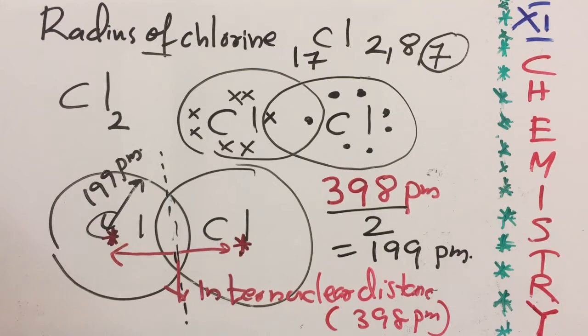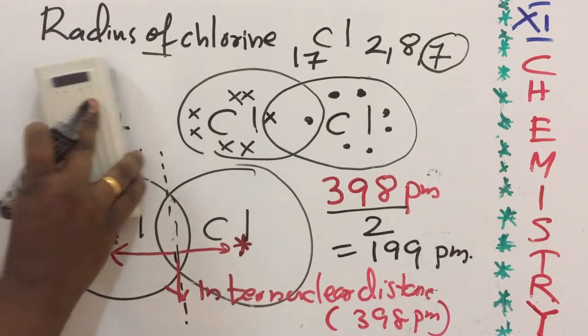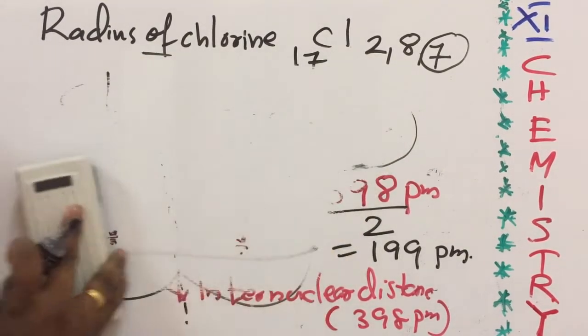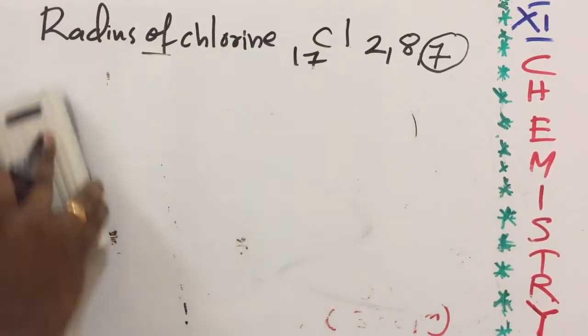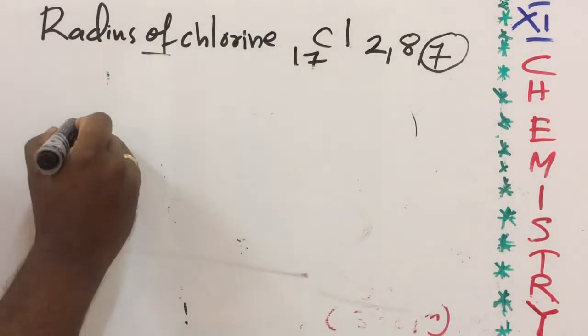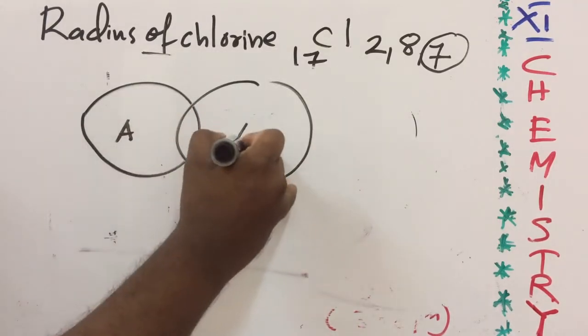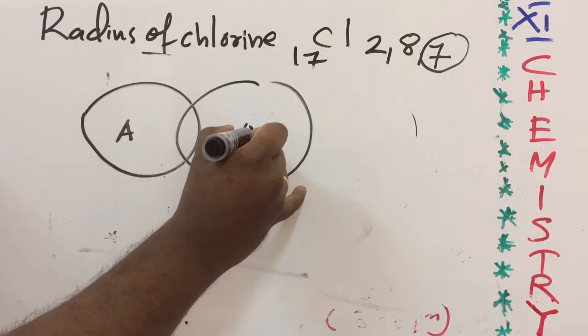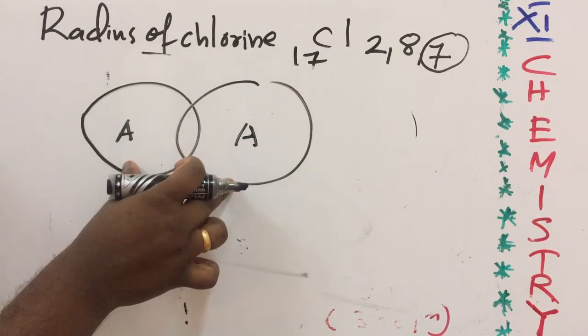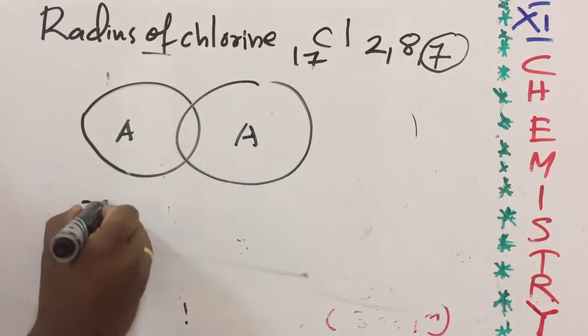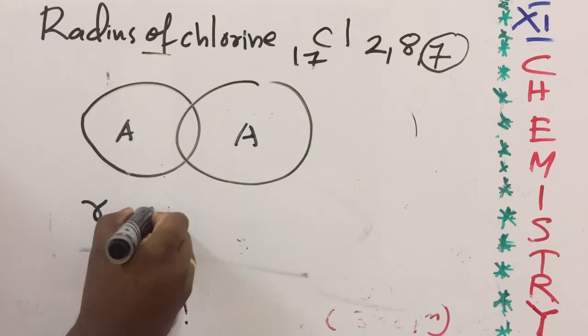Generally, how can we write it? For example, two atoms A and A, one is A, the second atom is also A, and the bonding should be covalent bond. So what is the radius of A? How to find the radius of A?